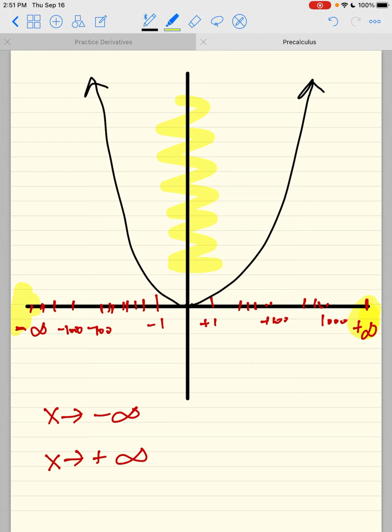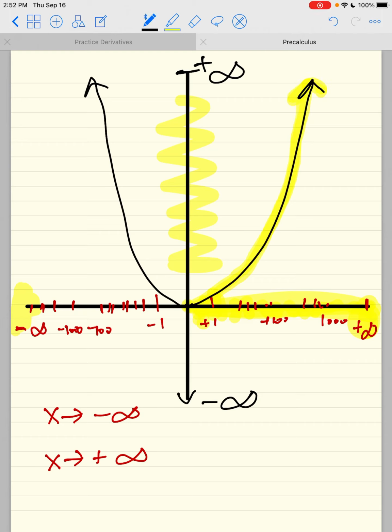As x approaches infinity, where is this graph going? It's going up, and up here also means positive infinity, and down here means negative infinity. So as this graph goes to the right towards positive infinity, this function is increasing.